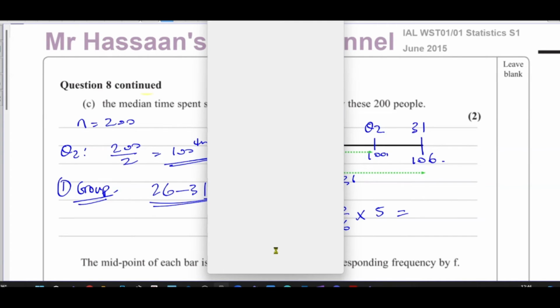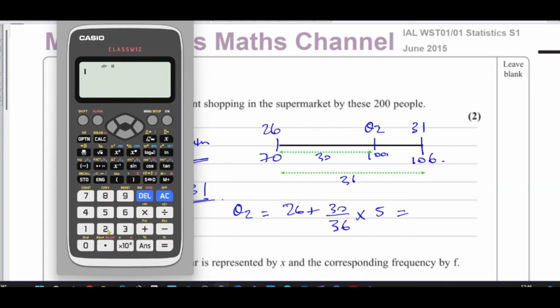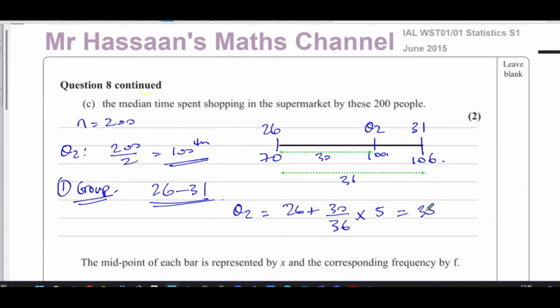All right, so we have 26 plus 30 over 36 times 5. And that will give you the value of the median, which is 30.16 recurring. 30.166 goes on.